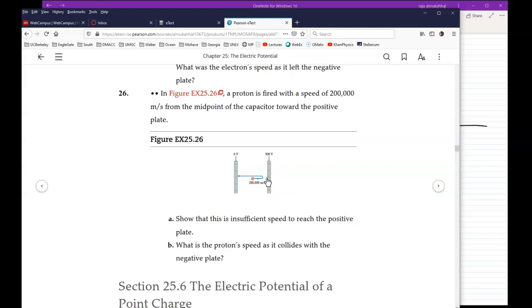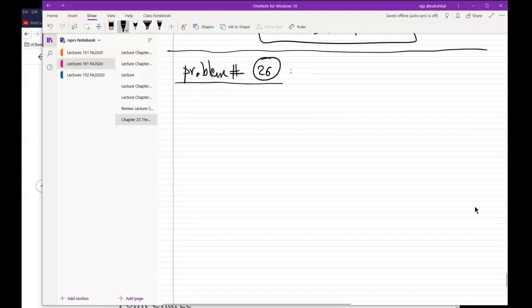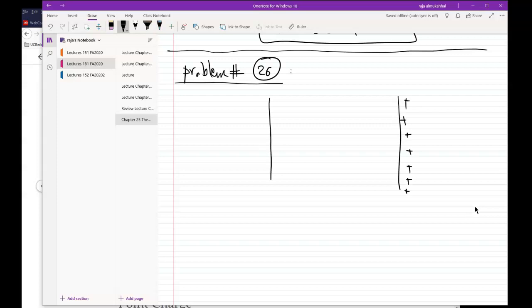And the converse, if the gravitational energy is greater than the kinetic, what will happen? Well, let me draw it. So here is what I have. This is the positive plate right here. Negative.